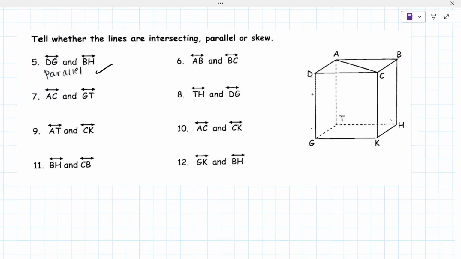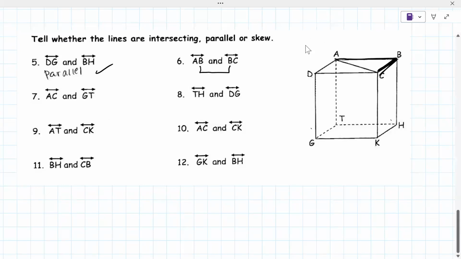Would that be parallel? First thing is, do they intersect? Do AB and BC intersect? One of the easiest ways is to see if they share a letter. Looking at AB and BC, do those intersect?